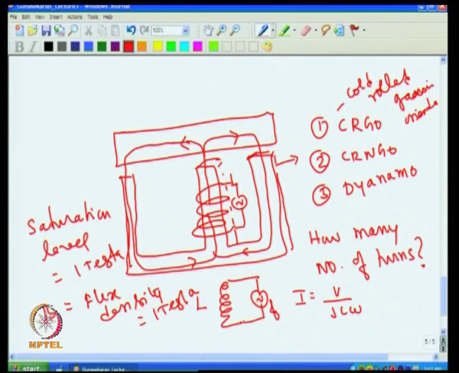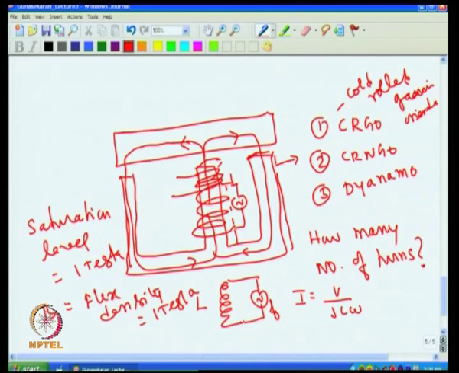of the core, and we should never allow the core to saturate, because if you allow the core to saturate, the voltage may be changing, but the magnetic flux in the core will not change. If there is no changing magnetic flux, then we will get no secondary voltage; no induced voltage will come.